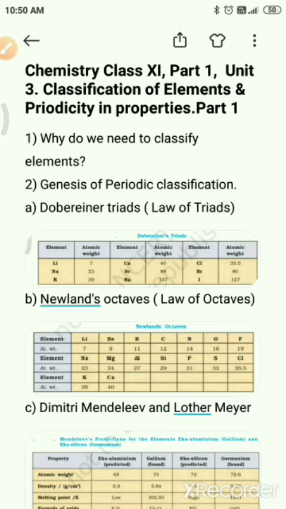And let us continue the chapter unit 3, the classification of elements and periodicity in properties. Students, this chapter is very important in chemistry class. In this unit we will study the historical development of the periodic table as it stands today and the modern periodic law.